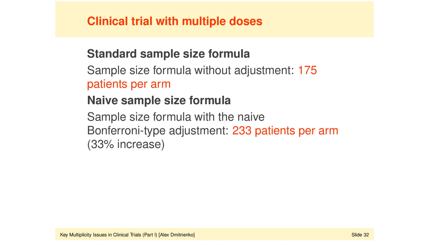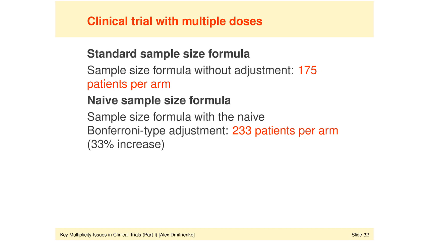Let me first quickly compare the standard sample size approach without any adjustment. In this case, we can easily show that when we apply the standard sample size formula with the original alpha of 0.025, the resulting common sample size per arm is going to be 175 patients.